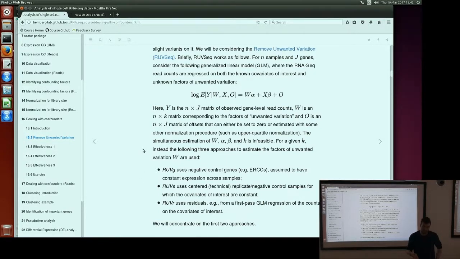One is RUVg, which uses negative control genes, so that in our setting could be ERCC spike-ins that are assumed to have constant expression across samples, so the variation for those genes across samples is only caused by technical variation.